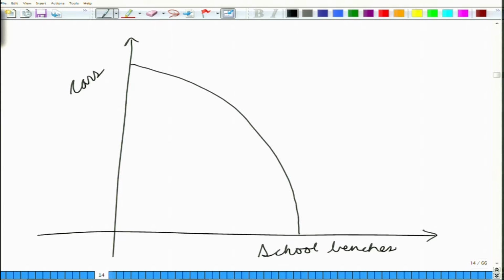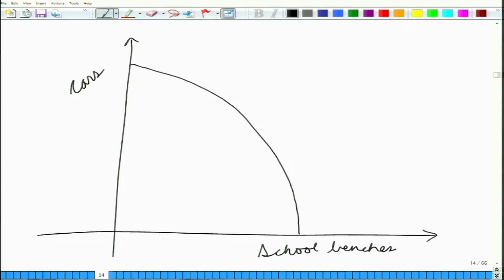Now typically we have seen that the rate at which you can make something is very large in the beginning, because if you are moving from say 0 school benches to say 10 school benches, it is much more easy to develop technologies such that you are able to make 10 school benches. But then if you are trying to move from say 9990 school benches to 10,000 school benches, making an increment when you already have a very high level of productivity, that becomes much more difficult.